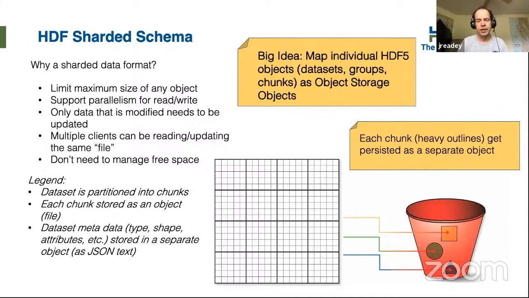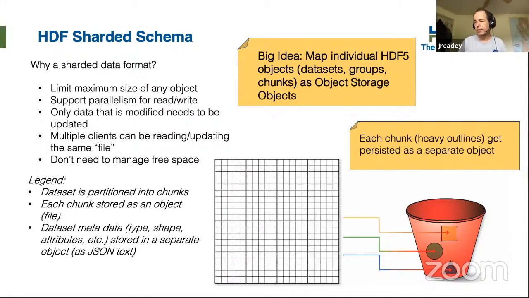For example, say you have a file and you delete a dataset. It's kind of like having your disk drive fragmented; you have holes in the file. So even though you've deleted that dataset, your file size doesn't go down unless you recompact the HDF5 file. With the sharded schema, it's the storage system that's going to manage that free space for you.